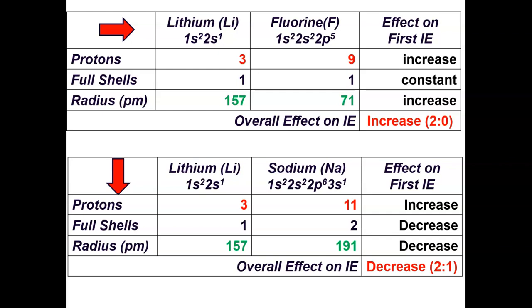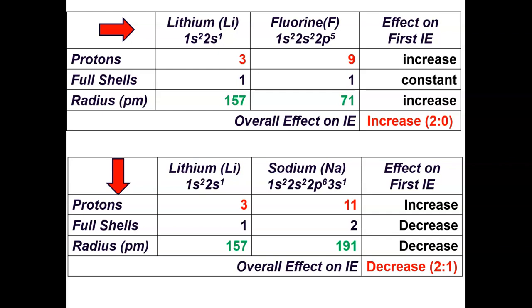So there is increased amount of shielding. The effect of that is to decrease the energy because, of course, this is opposing the nuclear attraction, and this is pushing the electron further away or repelling it from the atom. So the effect of increased protons and the effect of increased shielding will increase and decrease ionization respectively.